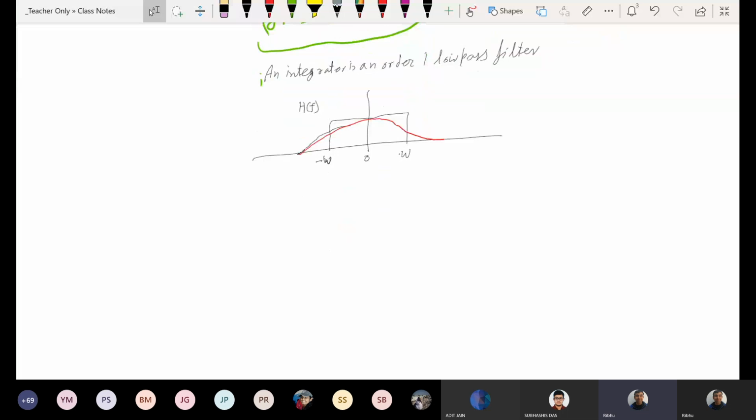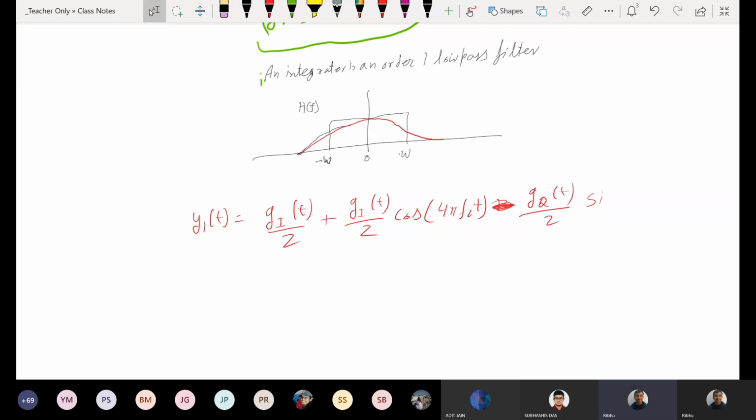So y1t equals gt by 2 plus git by 2 cos 4 pi fct, plus, sorry, minus gqt by 2 sine 4 pi fct. Fine.